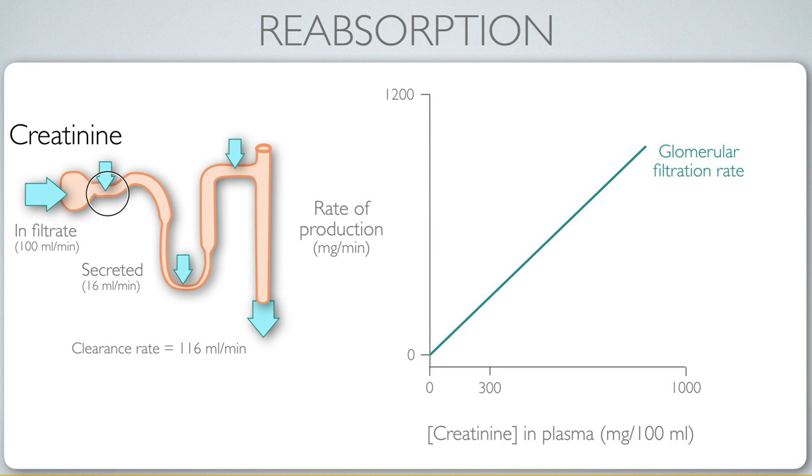There's no reabsorption in the proximal tubule, but instead we see that there's active secretion, that is binding creatinine from the bloodstream and depositing it into the lumen of the tubule so that it becomes part of the filtrate. So we see that occur in the proximal tubule, the loop of Henle, and in the distal tubule, so that you get a clearance rate here that is greater than the filtration rate.